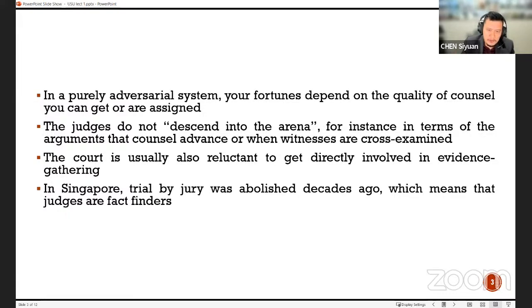They're trying to tell a story. That wouldn't work as effectively if you're trying to tell a story to a judge who is legally trained and so experienced in deciding criminal trials. This is not to say that a judge is necessarily better, but just that the judge is less likely to be impressed because he or she will be so used to criminal proceedings.